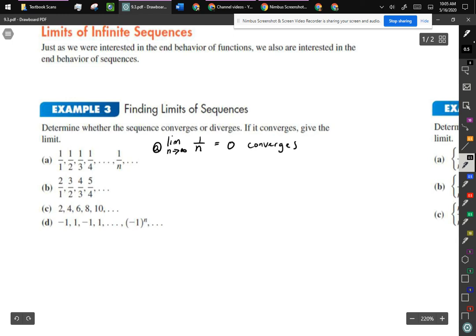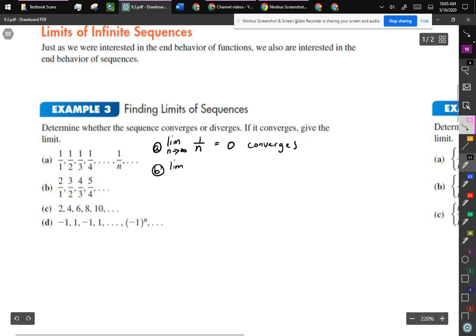All right. Part B, same thing. We're going to look at it as a limit. But notice part B, they don't give you an explicit definition, but it's not that hard to figure out. If you look at the pattern, the denominator starts at 1 and goes up, and the numerator does the same thing, but it starts at 2.